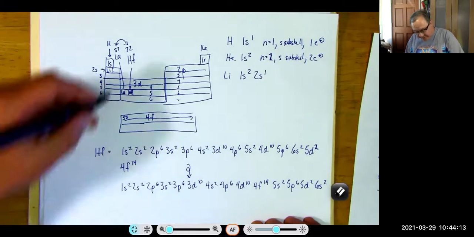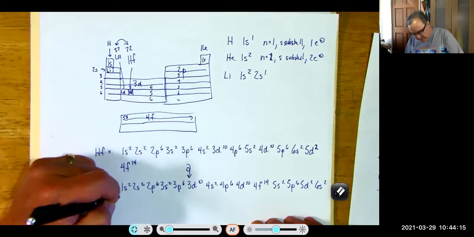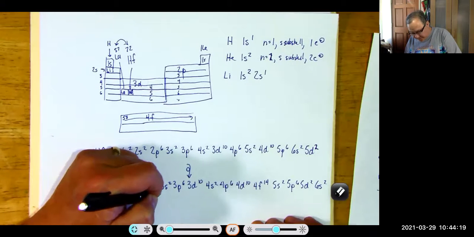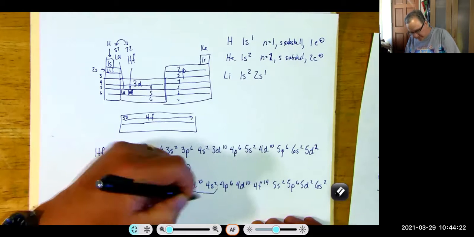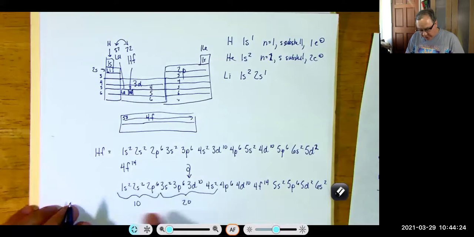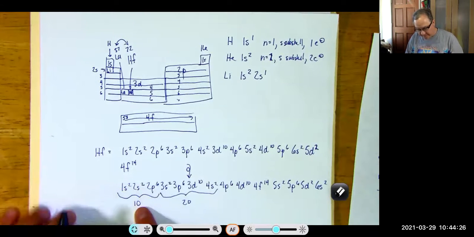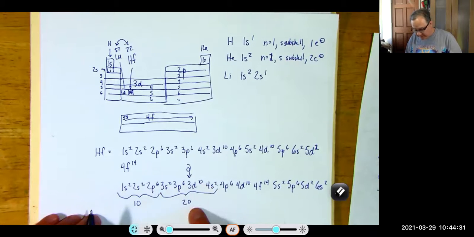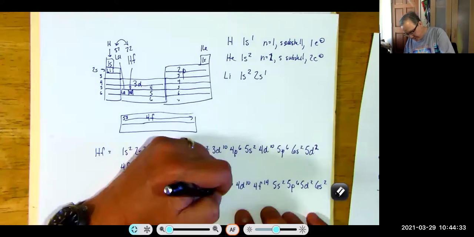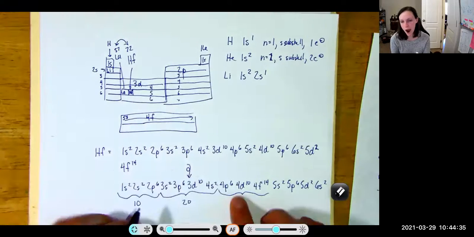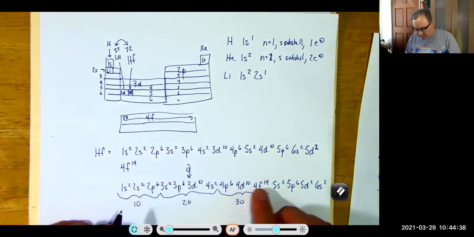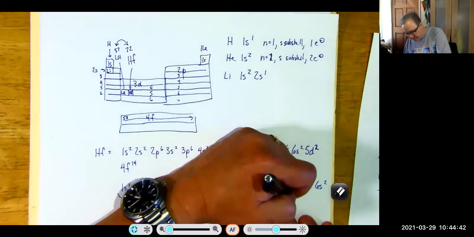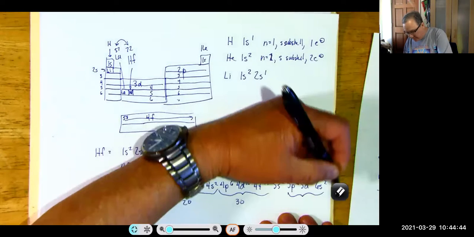Furthermore, hafnium is number 72. When you add up all the electrons, 2 plus 2 plus 6 is 10. 2 plus 6 plus 10 plus 2 is 20. Here you have 30, because 10 plus 14 is 24 plus 6 is 30.